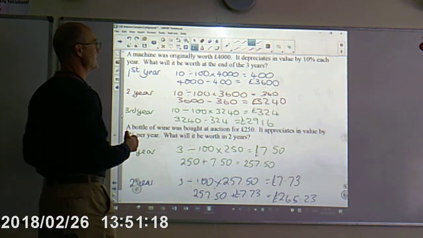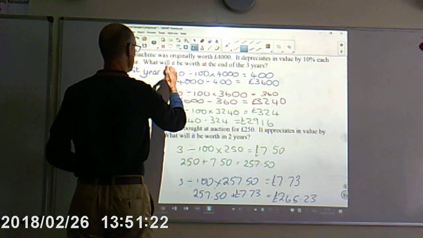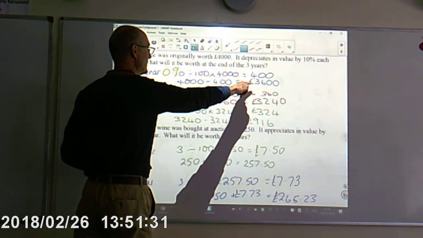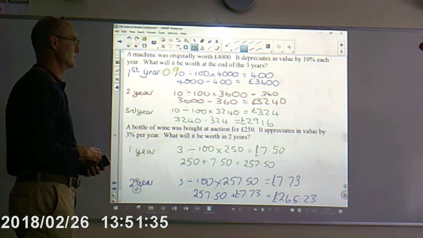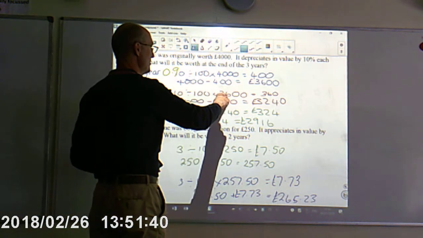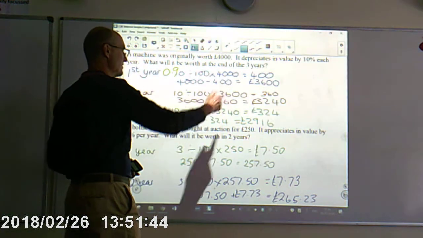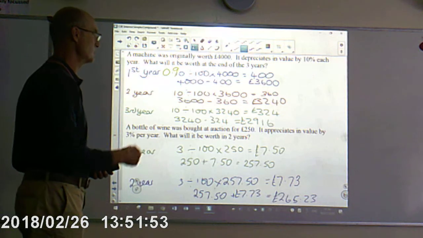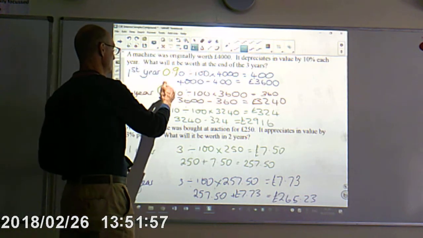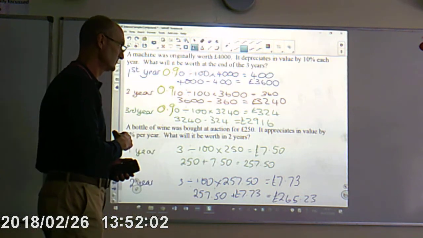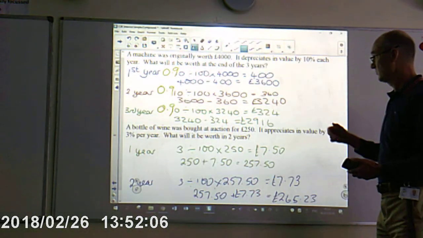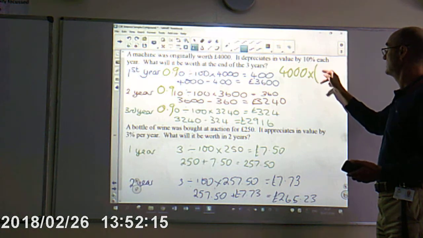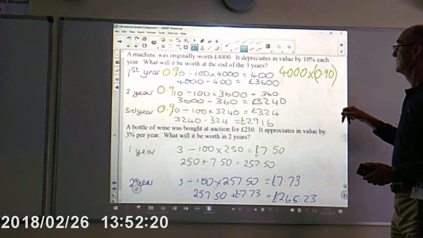So say, right, okay, we're starting off with £4,000. Each year, the multiplier is going to be 0.9, and it's 3 years.